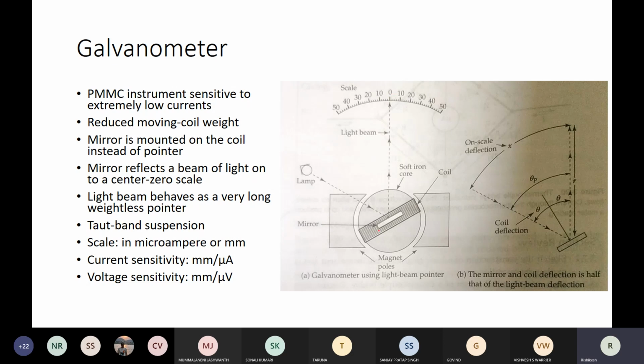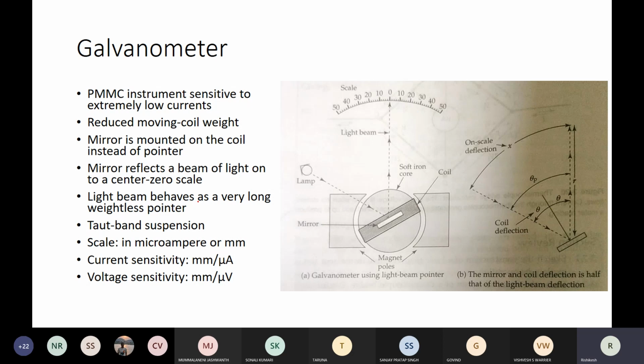When there is no current flowing through the coil, there is no movement. But as soon as current flows, there is a movement of the coil similar to the PMMC instrument, and the mirror attached to the coil also moves, deflecting the light beam towards a non-zero position on the scale.